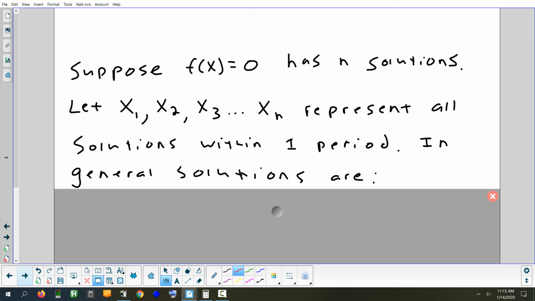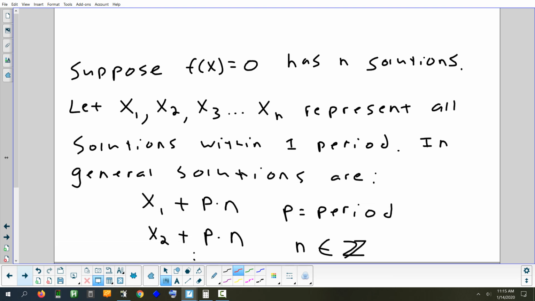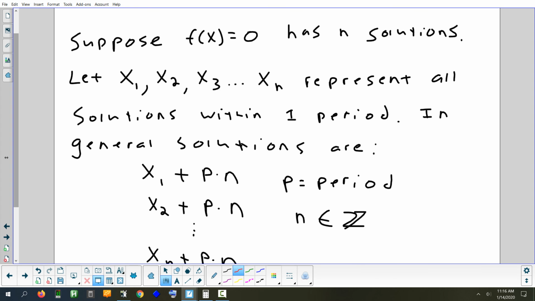If you set your window to one cycle, it makes your job easier. Then you're not looking at other stuff you don't need to. Okay, so set your window to one cycle, and then to write all your solutions, you take every solution that you found in one cycle and then put plus the period times n. Plus period times n on all of them.